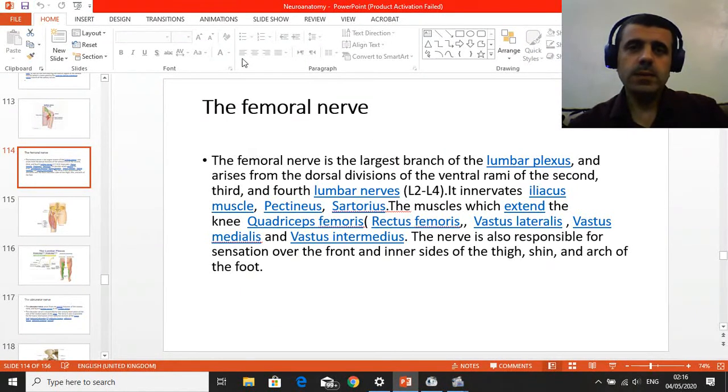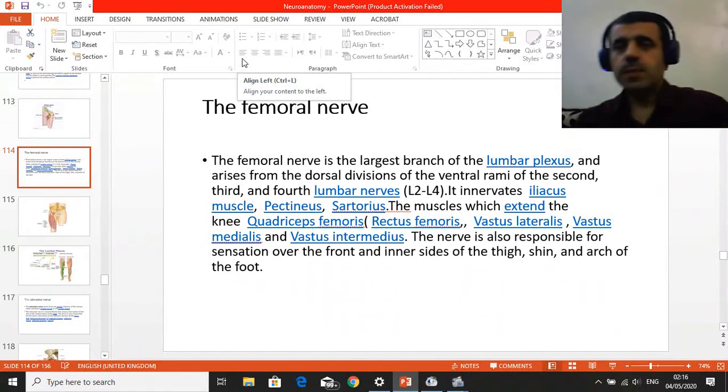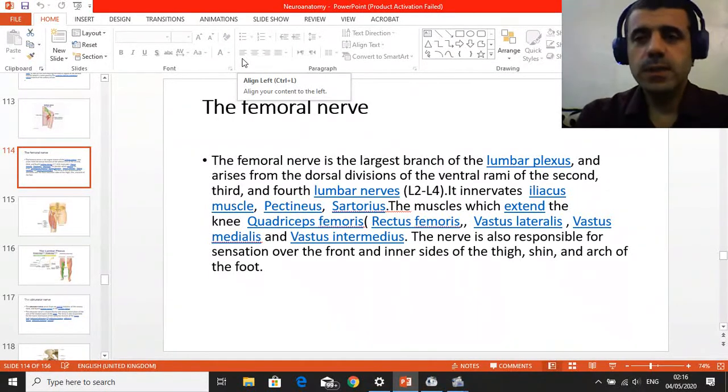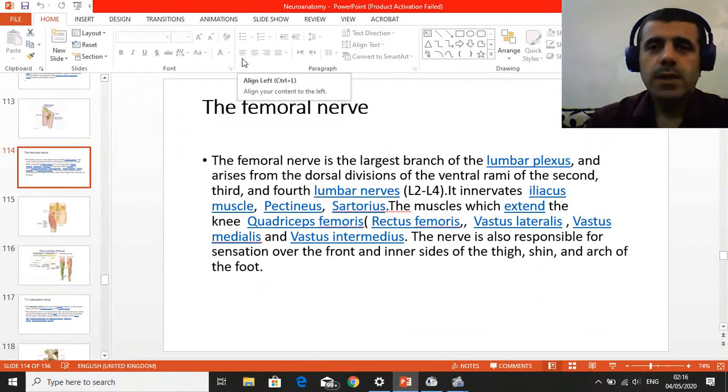And as I remember, we talked previously about the peripheral nerves, and we talked about the peripheral nerves in the upper limb. So we will continue the peripheral nerves in the lower limbs.